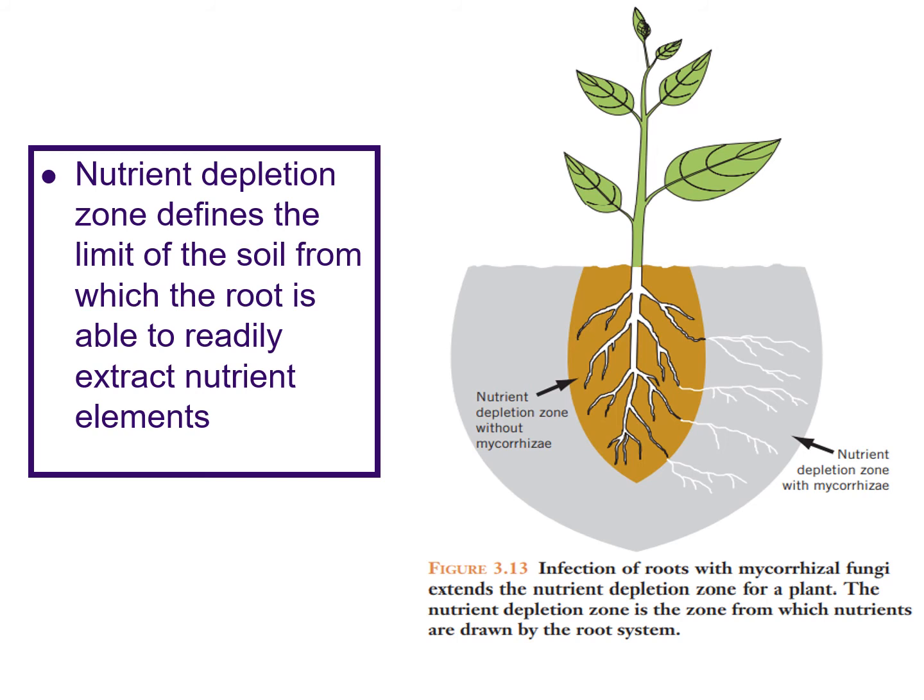Additional nutrients can be made available only by extension of the root, that is, by growth of the roots into new regions of the soil, or by diffusion of the nutrients from the bulk soil into the depletion zone.